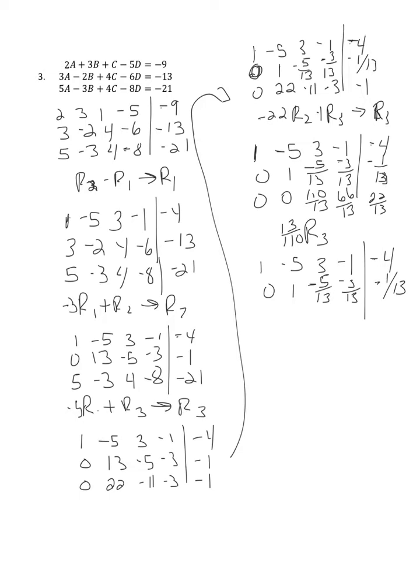Okay, now I'm multiplying everybody by 13 over 110. 0, 0, 1. Okay, so now I need to take that times 13 over 110. So I have 66 thirteenths times 13 over 110. So it's 66 over 110, which is 3/5.